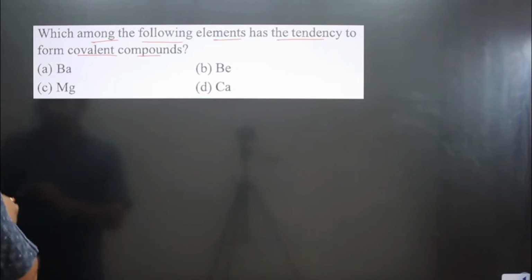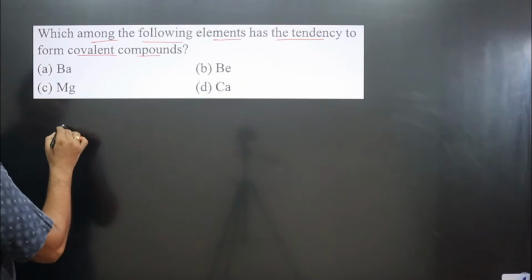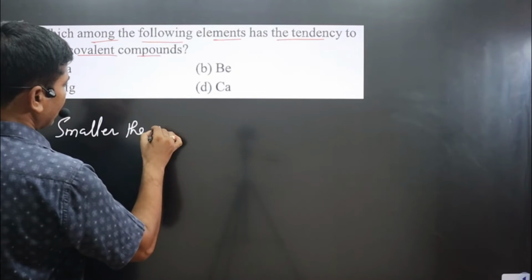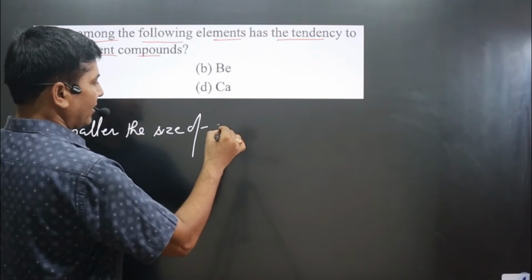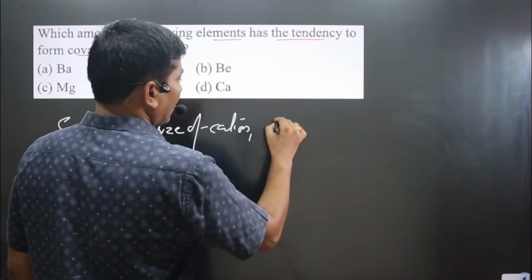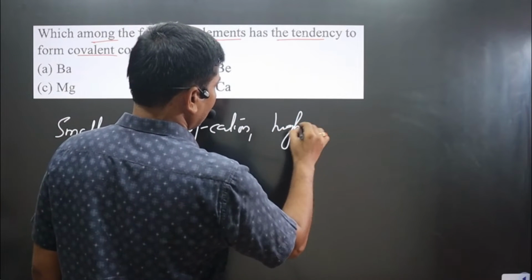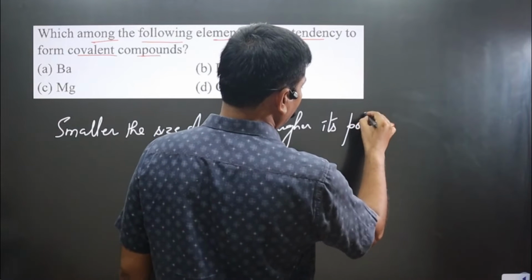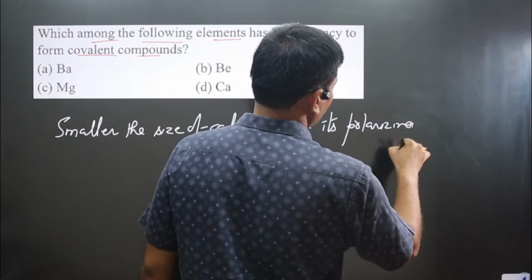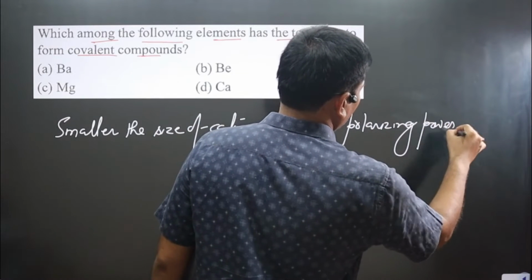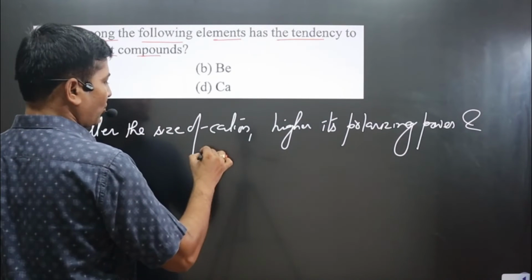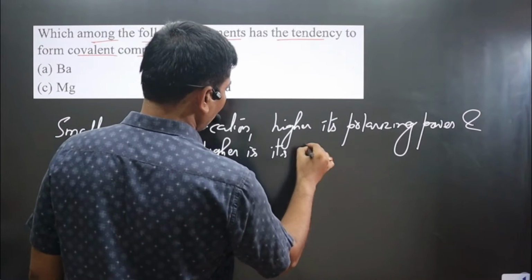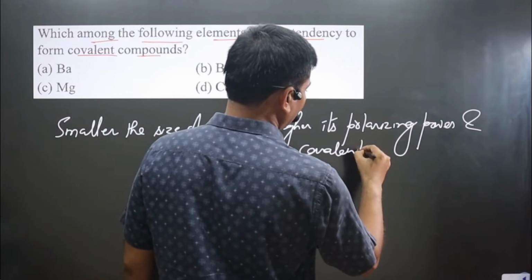According to Fajan's rule, the smaller the size of the cation, the higher its polarizing power, and the higher its covalent character.